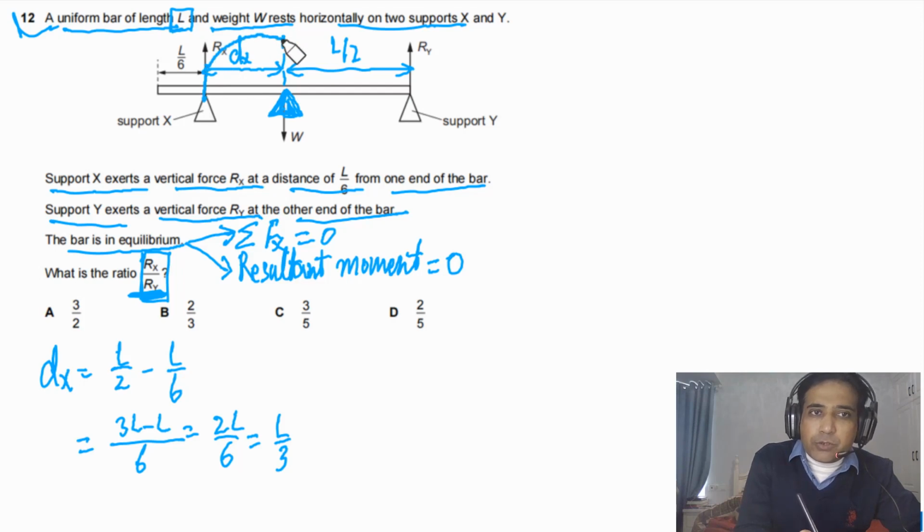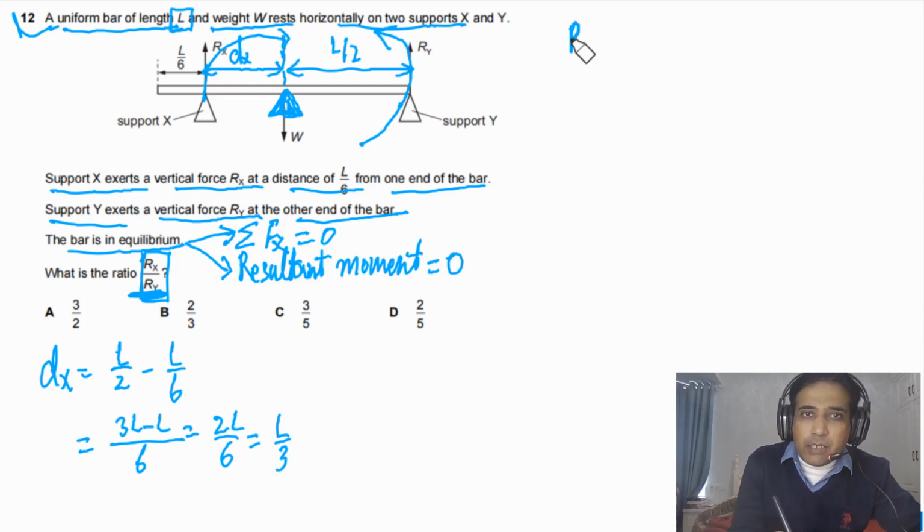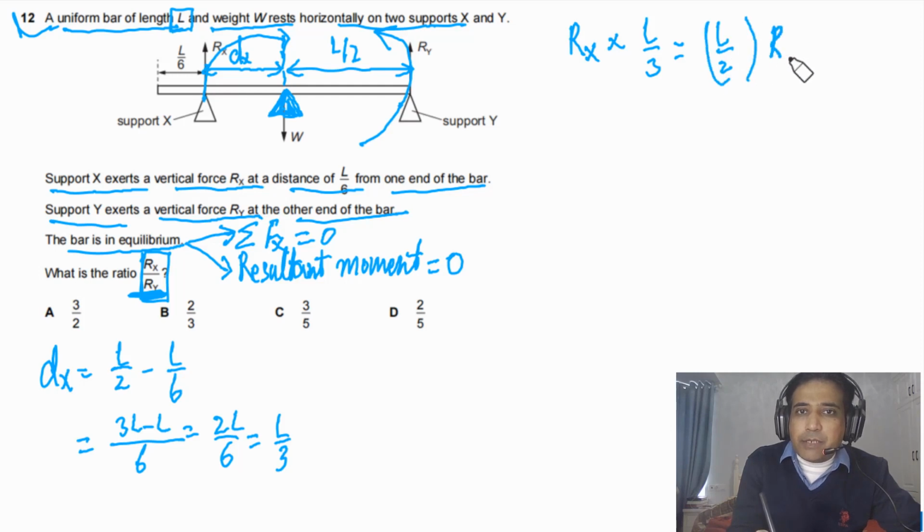The moment due to this force will be clockwise, and the moment due to this force will be anti-clockwise. So Rx times L by 3 has to be equal to L by 2 times Ry. We need to find the ratio Rx divided by Ry.